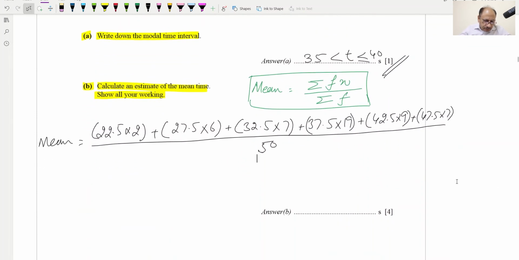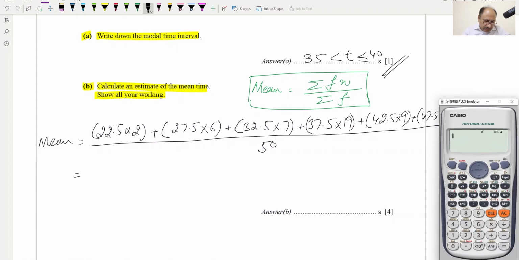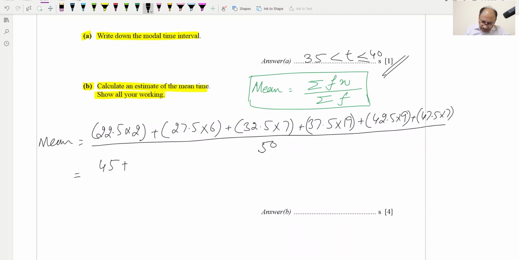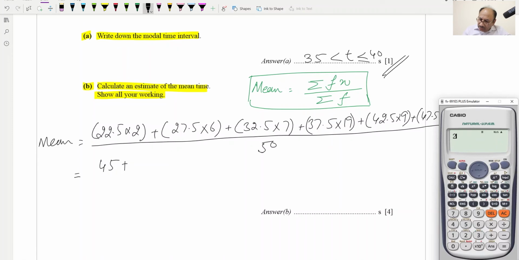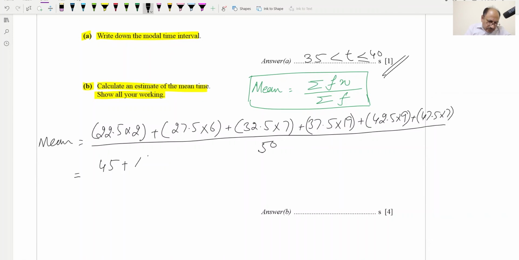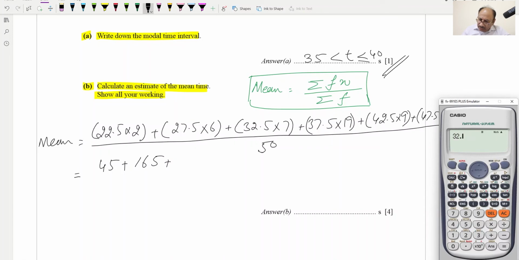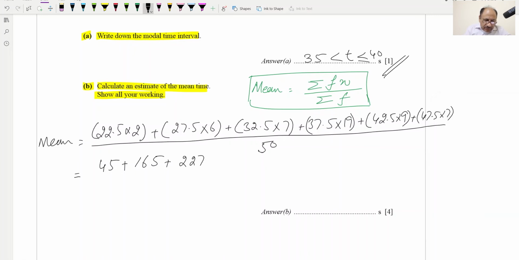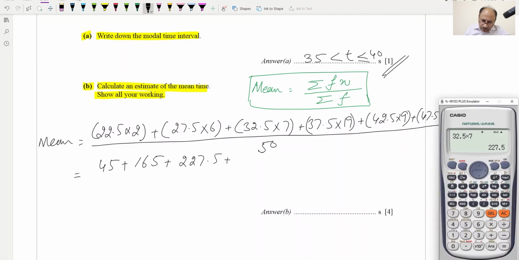Now, to avoid mistakes, what we can do is multiply 22.5 by 2, which is equal to 45. So we can write 45, plus next will be 27.5 times 6. You can calculate in one go also, but I'm just writing this so that we can avoid mistakes. It's a little lengthier calculation, so it's up to you. If you are confident enough, you can solve directly also, you will get the same answer.